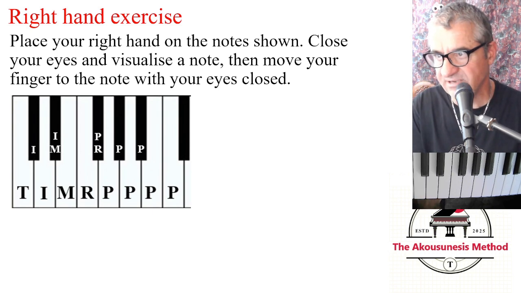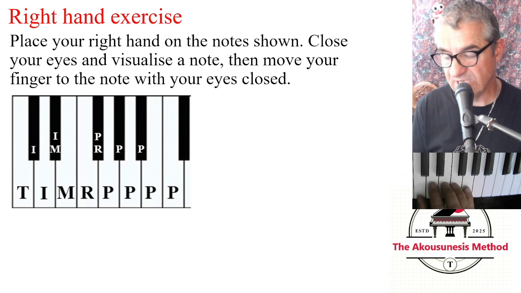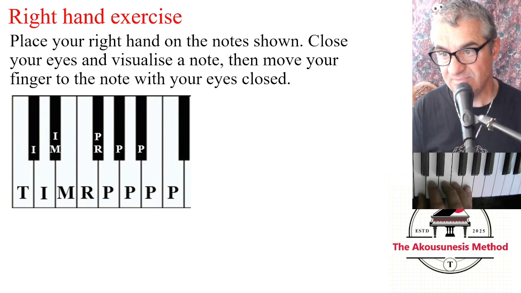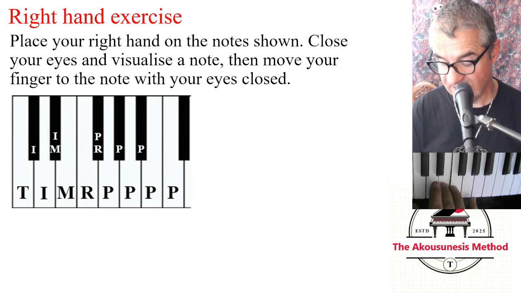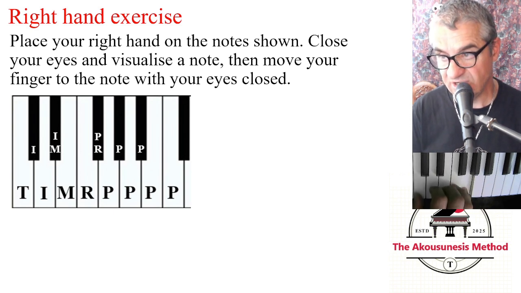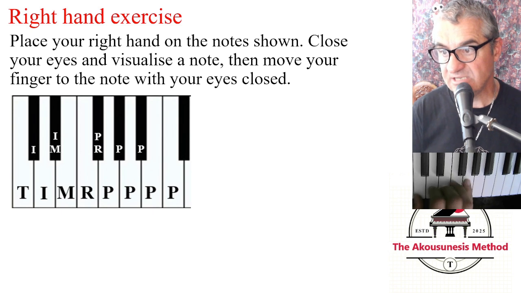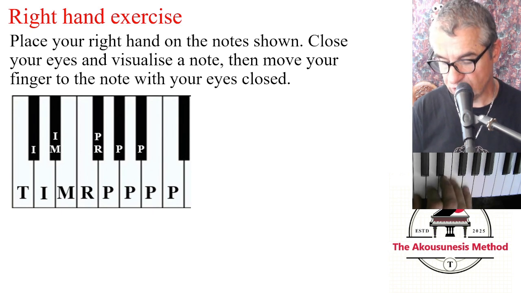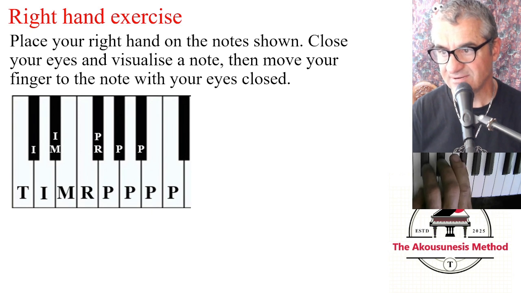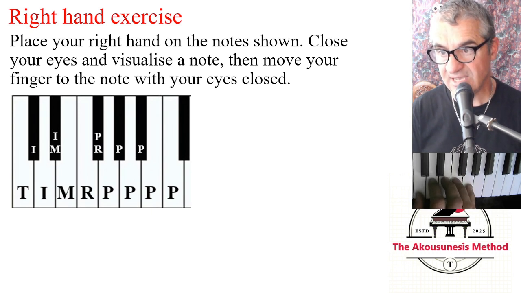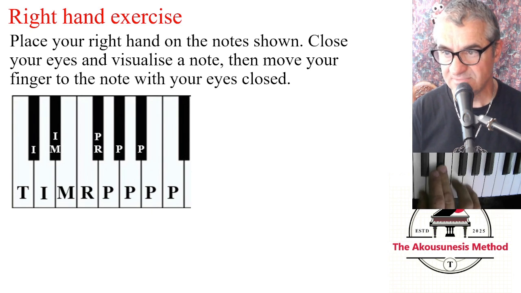So you can see here what we have. We've got all the finger positions. So we've got thumb there on C, index on D, middle on E, ring on F, pinky on G. And you can see with the F sharp there, we can either use our ring finger or our pinky finger to reach that. With D sharp, we can either use our middle or index finger to reach it, right?